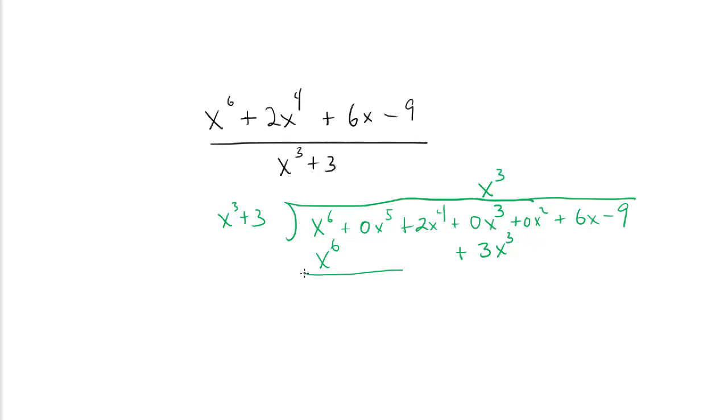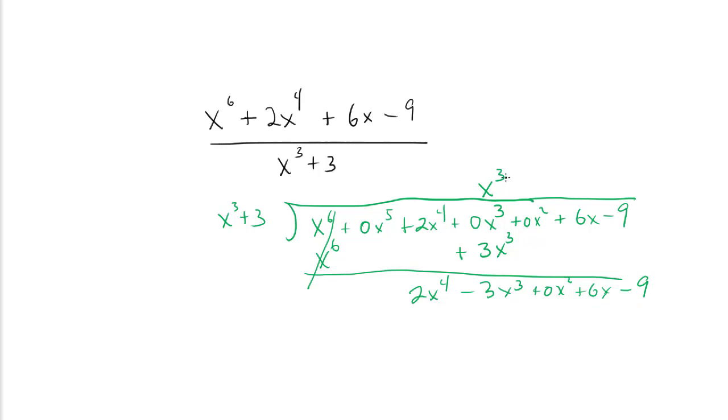Now I can go about my subtraction correctly. These cancel. I get 0x to the 5th. 2x to the 4th minus 0 is 2x to the 4th. 0x cubed minus 3x cubed is minus 3x cubed. 0x squared is 0x squared. Plus 6x minus 0 is plus 6x. And minus 9 minus 0 is minus 9.